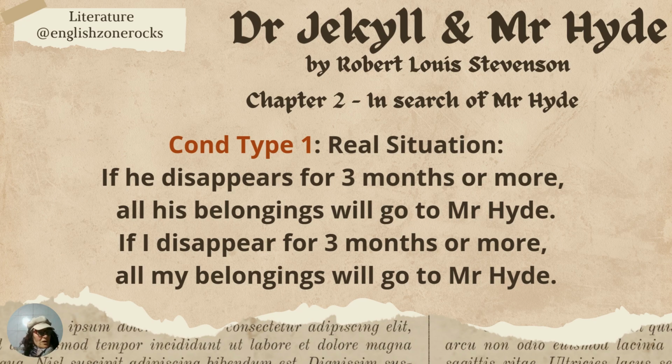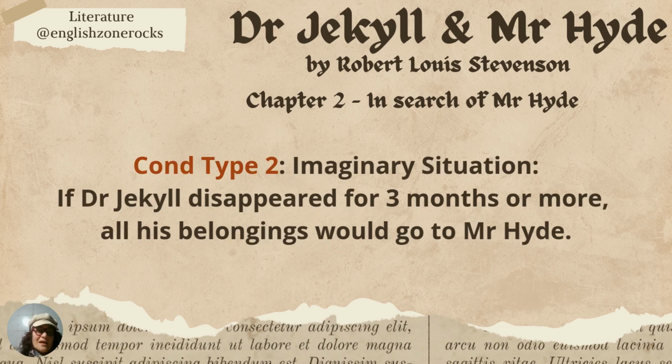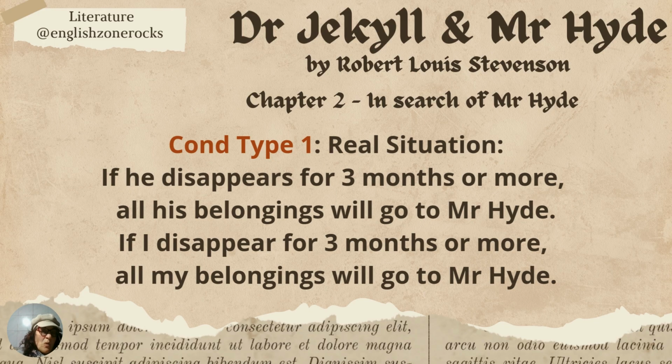And in his own words, if I disappear for 3 months or more, all my belongings will go to Mr. Hyde. This is to check the difference between he disappears, I disappear. Remember, he, she, it with S. Don't forget. Now, conditional type 2. If Dr. Jekyll disappeared, simple past, for 3 months or more, all his belongings would go to Mr. Hyde. And the other one was will go. Now, would go.